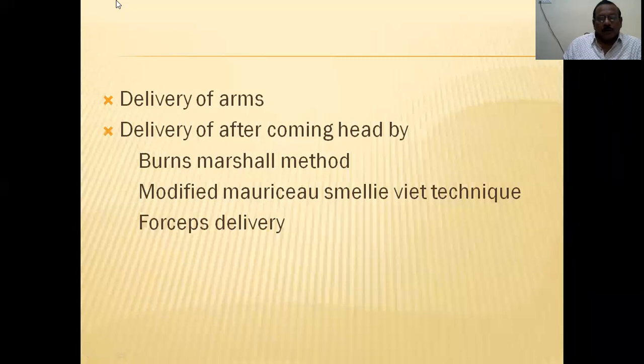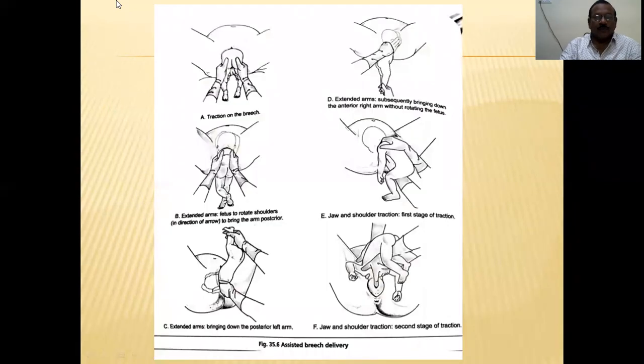To deliver the head by the Burns-Marshall technique, you must bring both legs of the baby towards the maternal abdomen in an arc-shaped manner. That is the Burns-Marshall technique; the others are the modified Mauriceau-Smellie-Veit technique and forceps delivery. These are the various means of delivery of the aftercoming head in breech presentation.